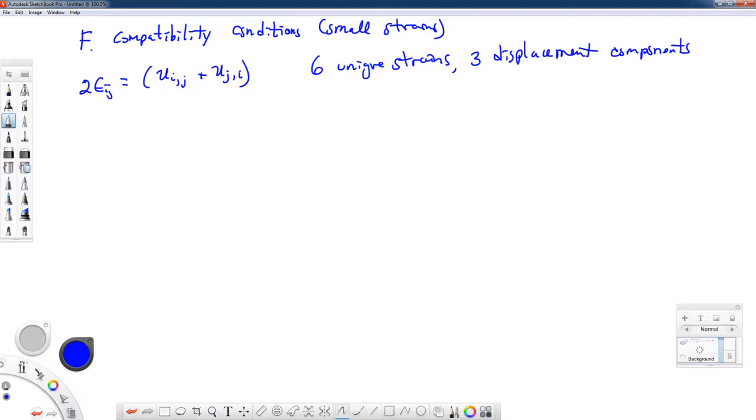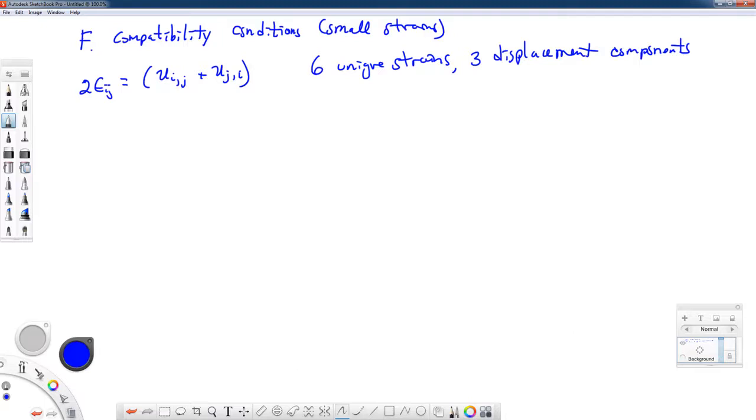Because the strain tensor is symmetric, we're going to have epsilon 1,1, epsilon 2,2, epsilon 3,3, and then the shearing strains in the tensor form, epsilon 1,2, epsilon 1,3, and epsilon 2,3. There has to be some connection among these displacement components so that this situation can happen.